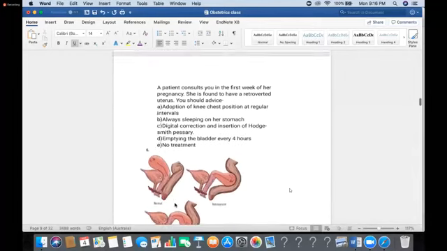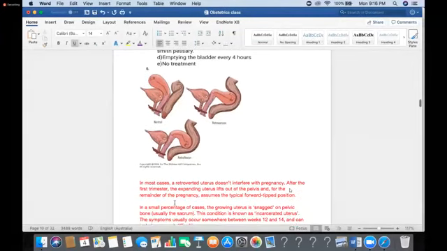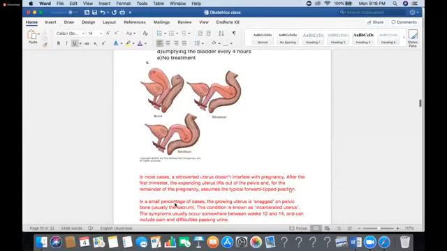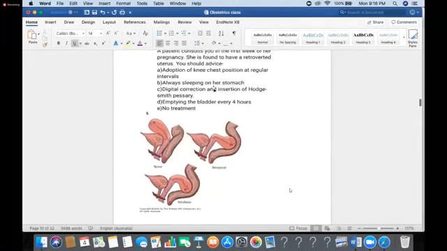So for the retroverted uterus, what is the best treatment? Any idea? Inserting the pessary is only when the patient has some problem while walking or some discomfort and is not able to continue her daily life activities. Otherwise, there is no treatment. We will just leave it.